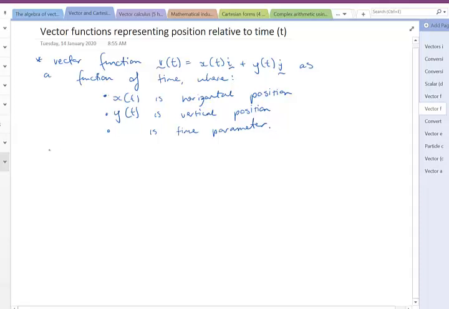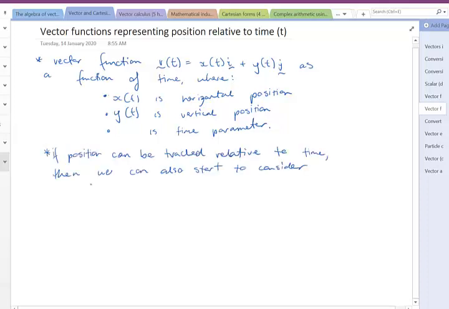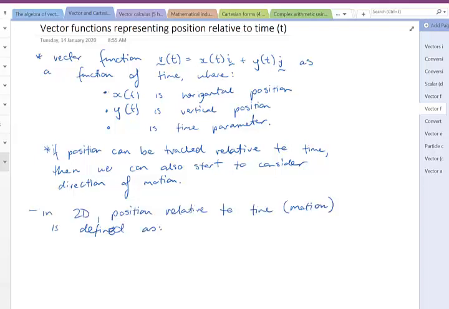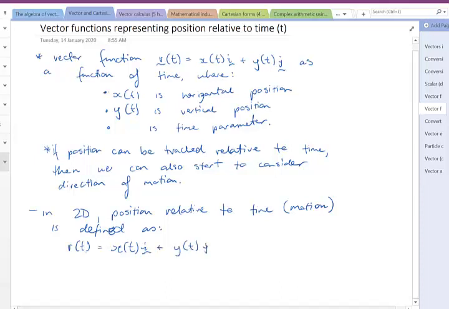The good thing is if we can track position relative to time, then we can also start to consider direction of motion. So just quickly, before we go into how this works functionally and how we can determine the direction of motion, we'll define the position functions for vectors in 2 dimensions and 3 dimensions. In 2D, position relative to time, which essentially is motion, is defined as r(t) equal to the x displacement and the y displacement.